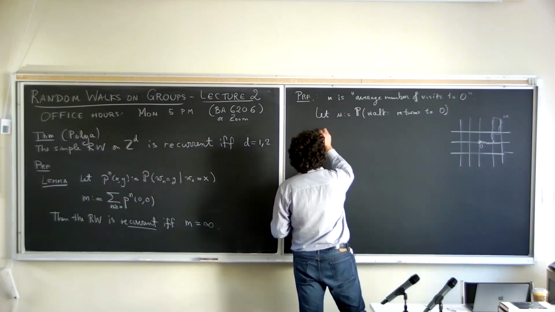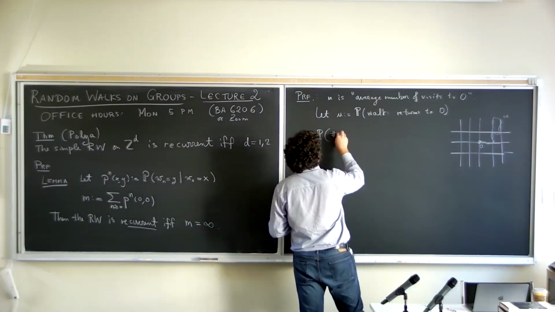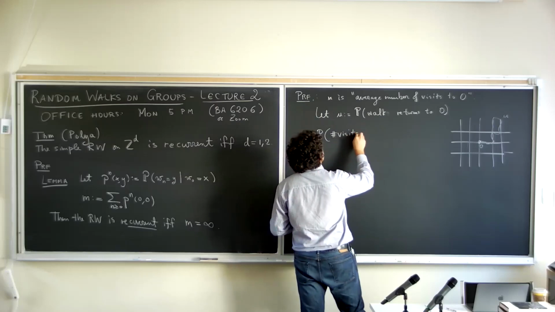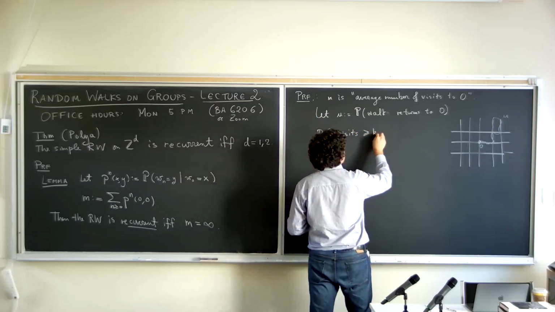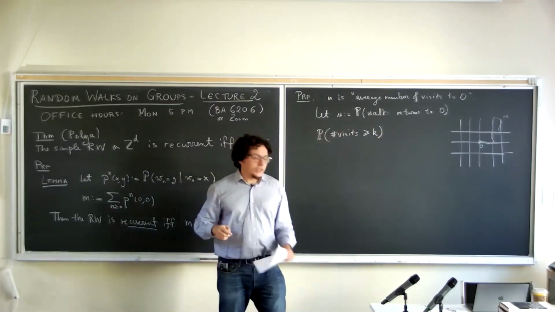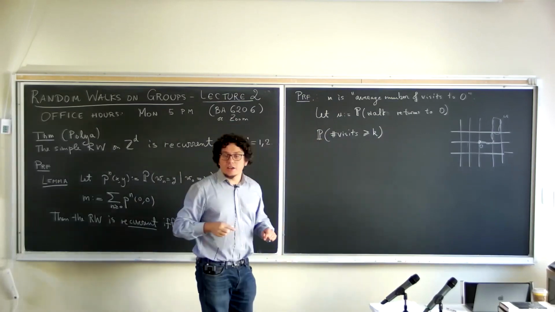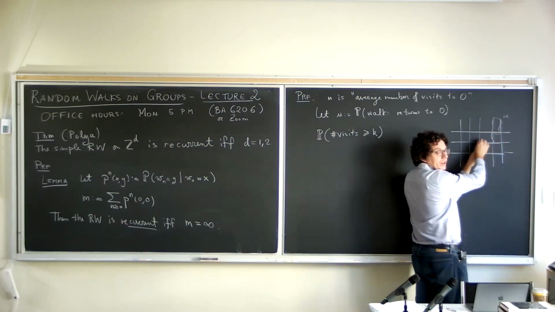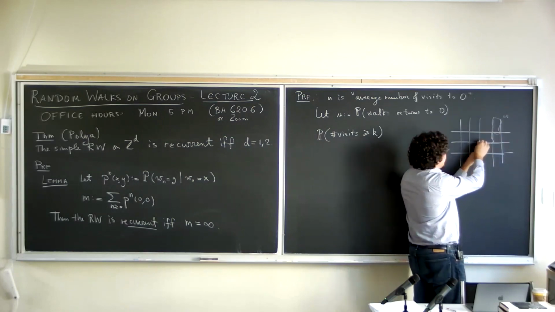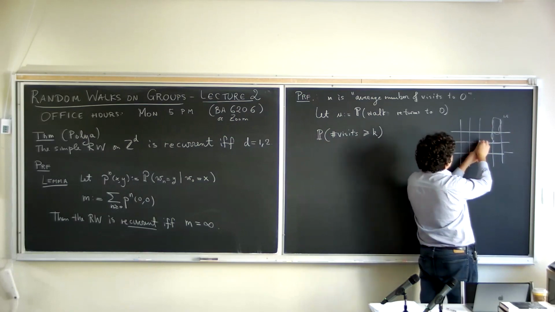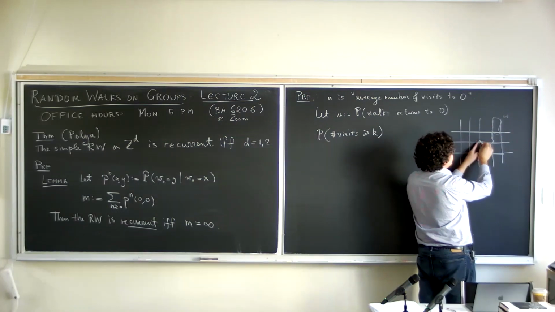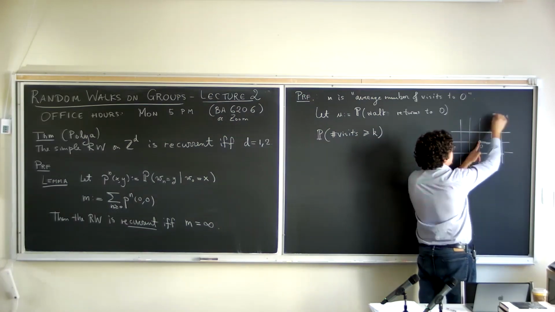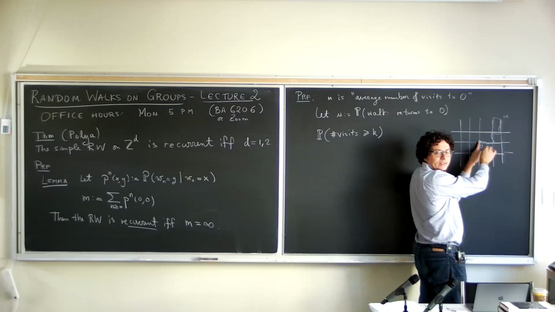We note that the probability that the number of visits is at least k. What does it mean that the number of visits to 0 is at least k? It means that the walk, first of all, comes back once. Now, if you need at least 2 visits, you want the walk to come back once and then come back again.